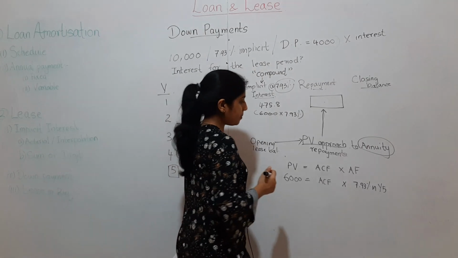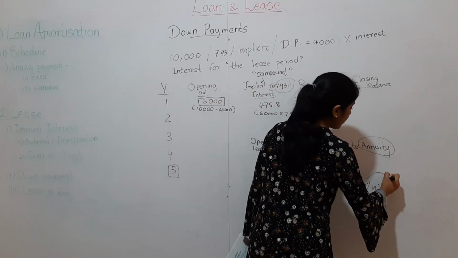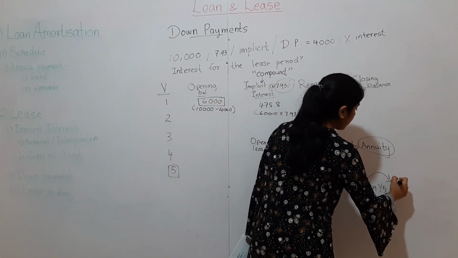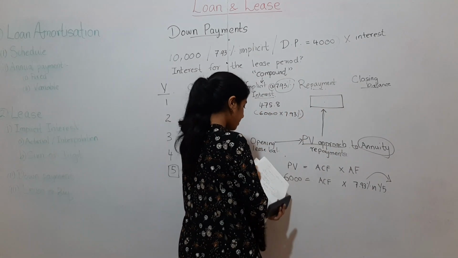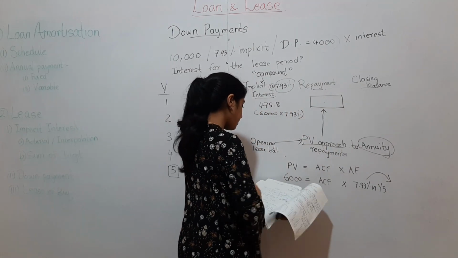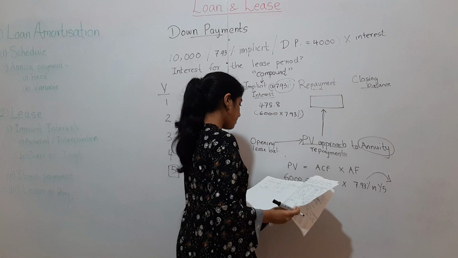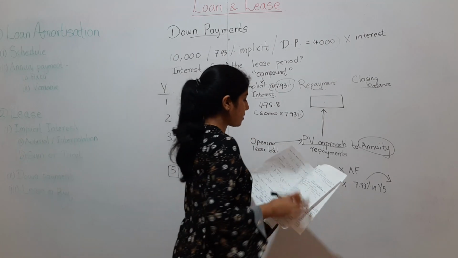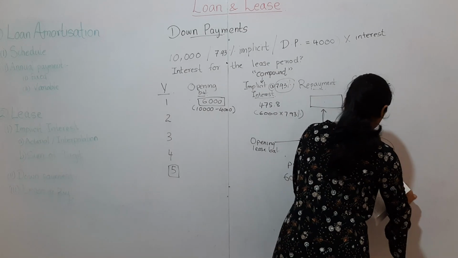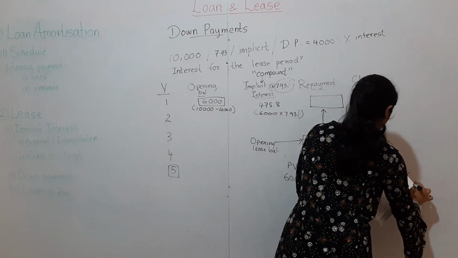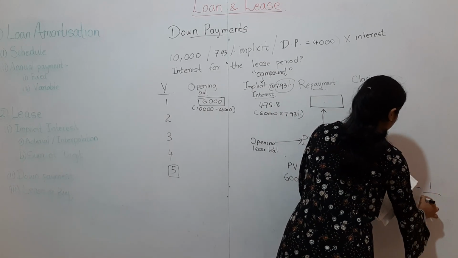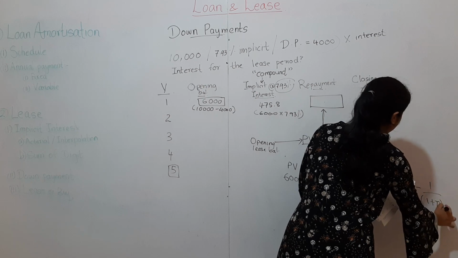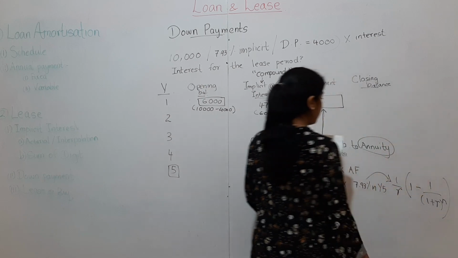So, we can apply our annuity factor formula, which is 1 over r into 1 minus 1 over 1 plus r to the power n.